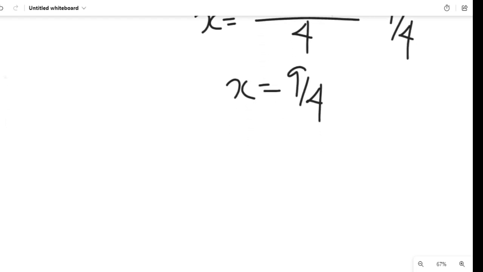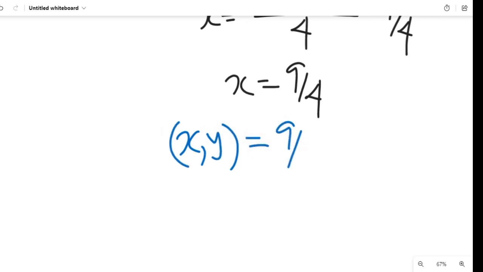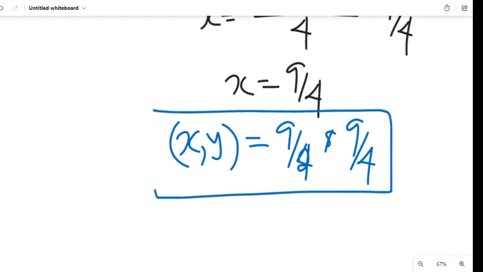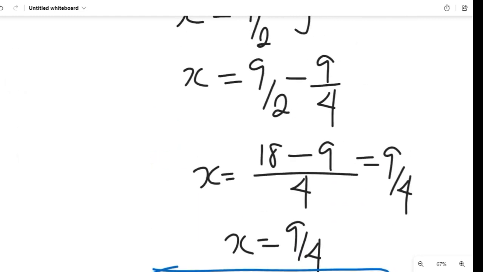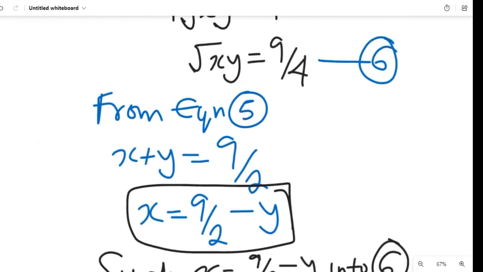Finally, our solution is x and y both equal to 9 divided by 4. These are the values of x and y that satisfy those two equations given to us above.